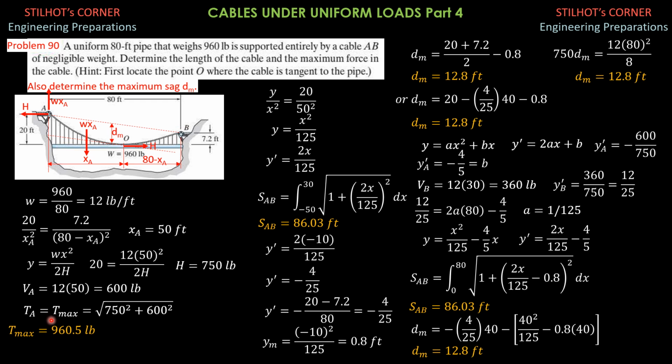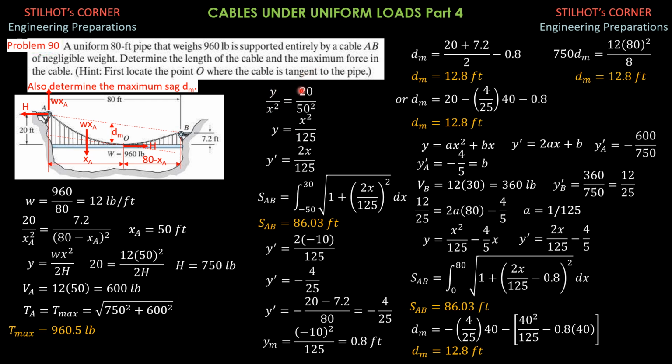So tension at A therefore is the maximum tension, and it is square root of H square, 750 square, plus V sub A square, 600 square. So the maximum tension which occurs at A is 960.5 pounds.